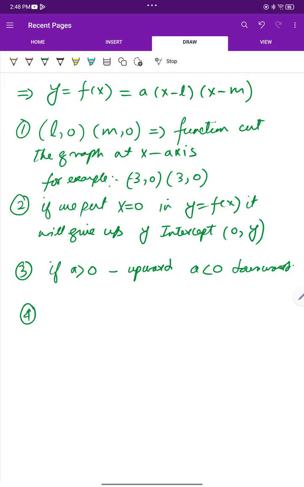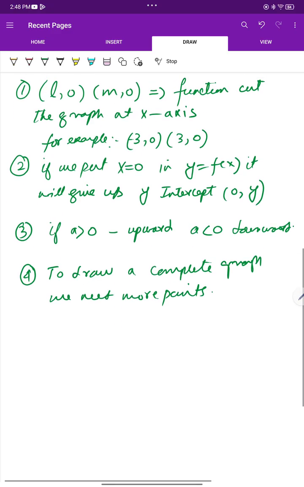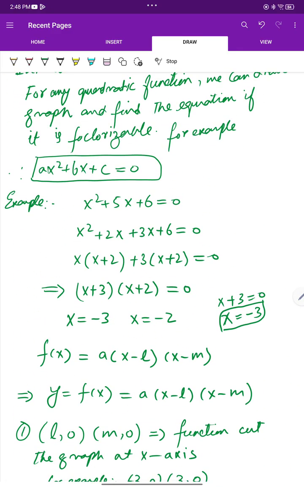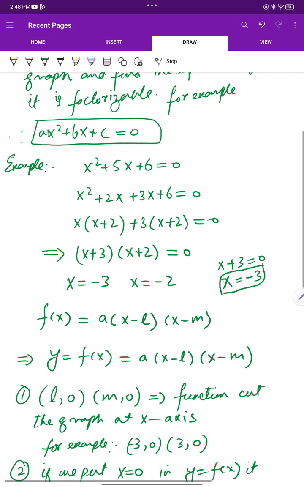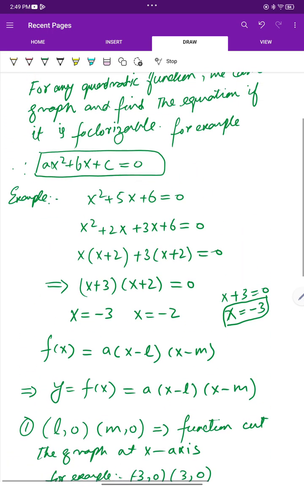And to draw a complete graph, we need more points.